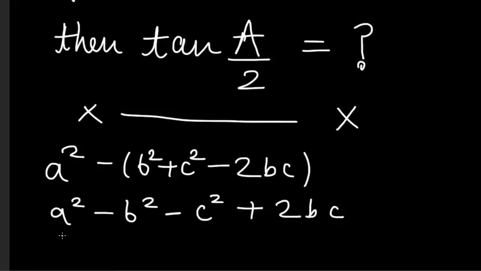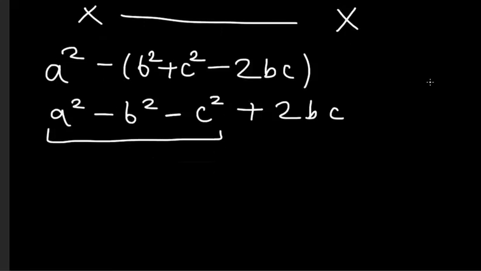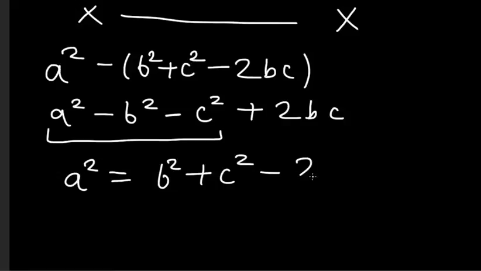Now these first three terms are very interesting because they are exactly what corresponds to the cosine rule for a square, the side a. So if I just write down the cosine rule for the side a, it's going to be a square is equal to b square plus c square minus 2bc cosine of the angle between b and c, which is a.